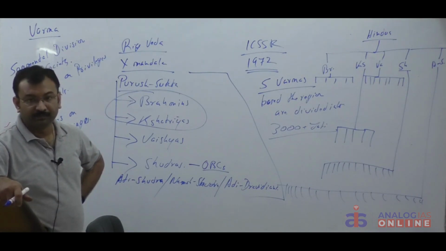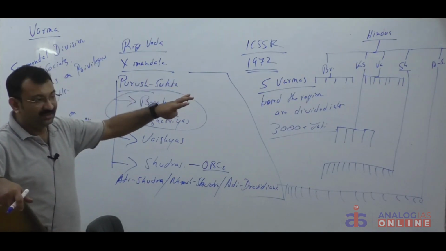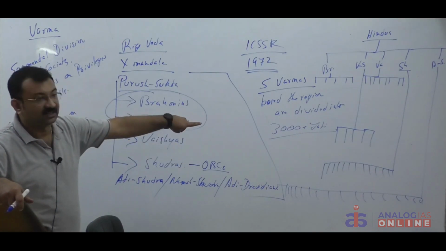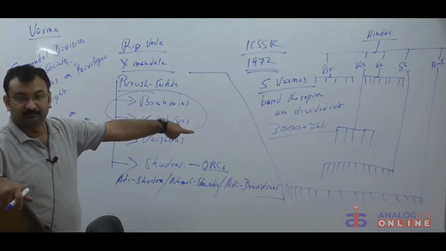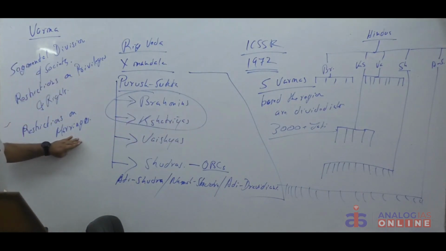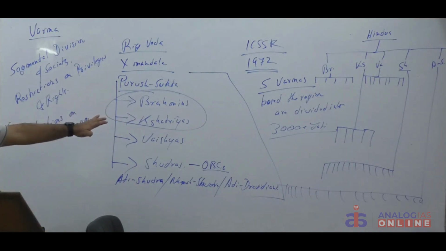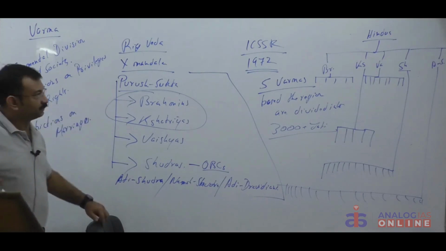Clear? All the varnas individually are further subdivided. And these subdivisions are the jatis. So when we talk about marriages, marriage actually takes place within the jati. Not even within the varna. Say Brahmins.